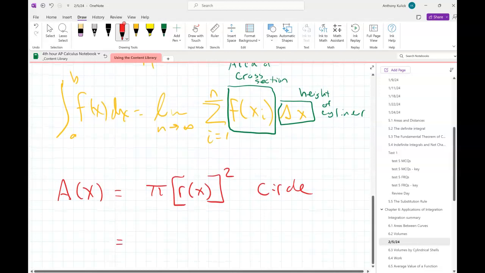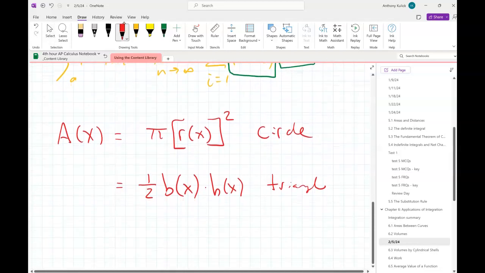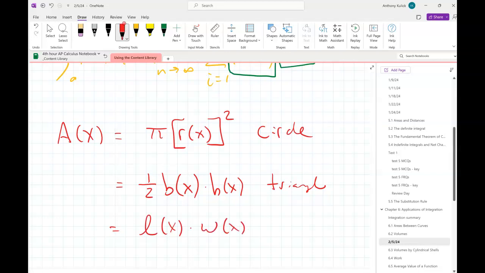If it was a triangle, it'd be the expression for the base times the expression for the height. If it was a rectangle, it would be the expression for the length times the expression for the width. And you guys kind of get the idea, right? So these dimensions in our cross sections are going to be functions of x, or depending on how we're doing the slicing, maybe y.